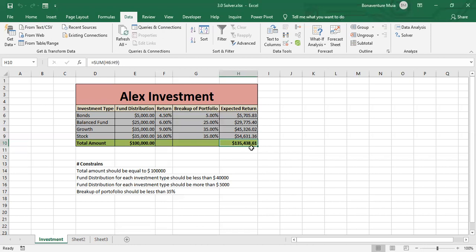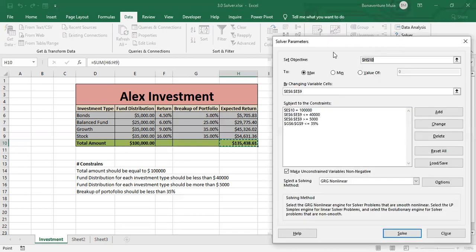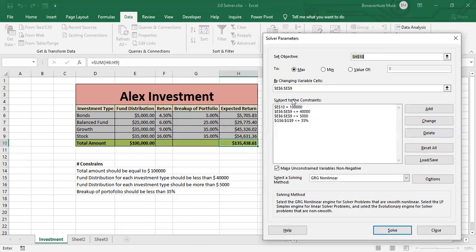Let us have a look at situations where the solver has not gotten a solution. So I want you to click on the solver, and we're going to change a few things. We're not going to interfere with the constraints. We're not going to interfere with the changing variable cells. I want us to click on the set objective. So our objective is still on this total amount.